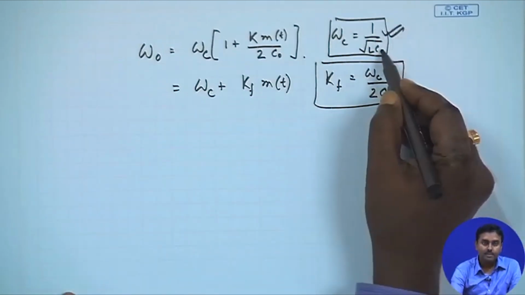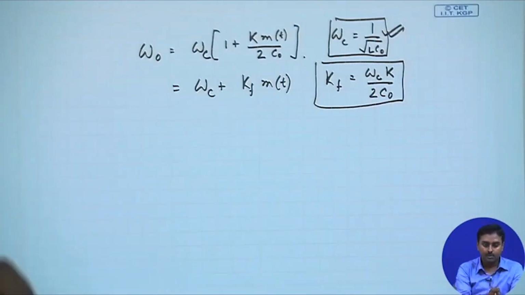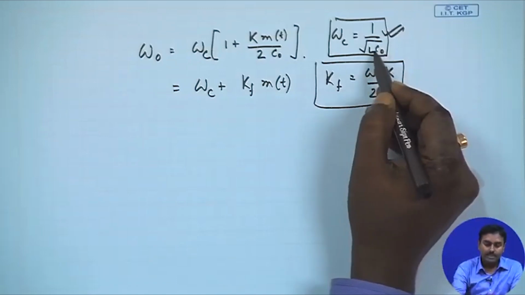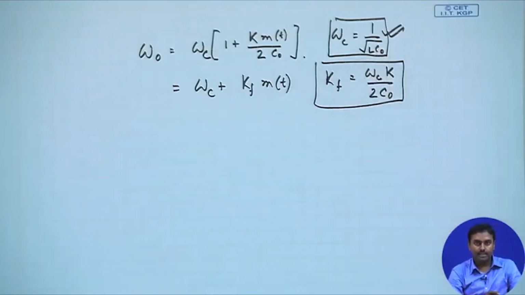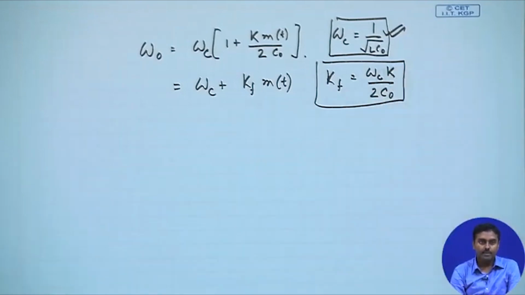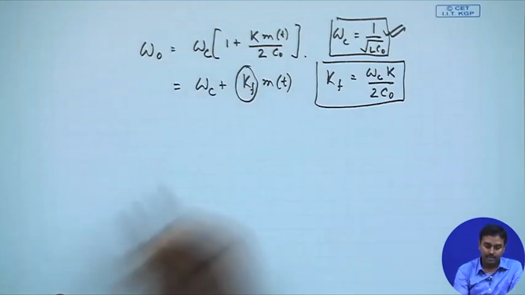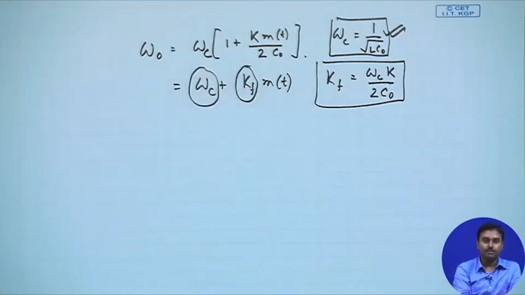So, this is actually the varicap's rest capacitor, probably when m(t) is 0. This is the inductor value which is fixed for that particular oscillator, and these are all the parameters which are coming from the particular oscillator. So, immediately I can get some Kf of that particular oscillator, and I get some omega c of that oscillator.